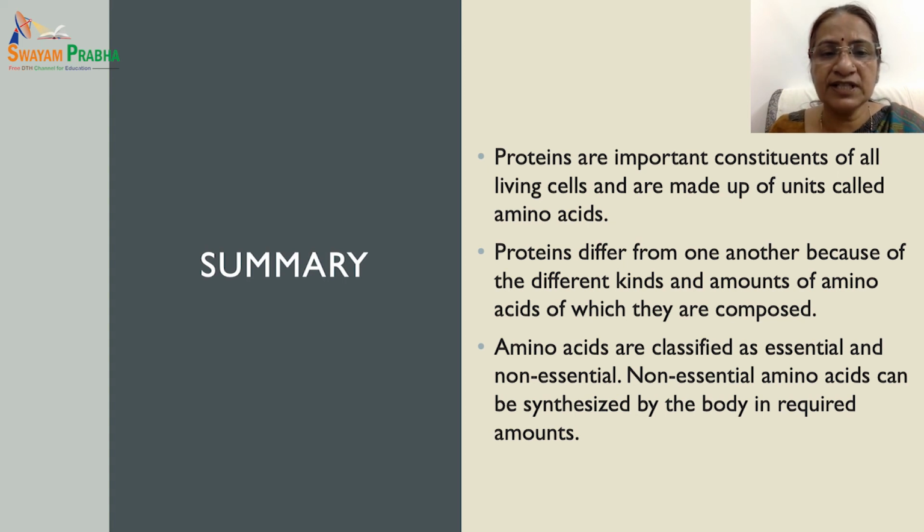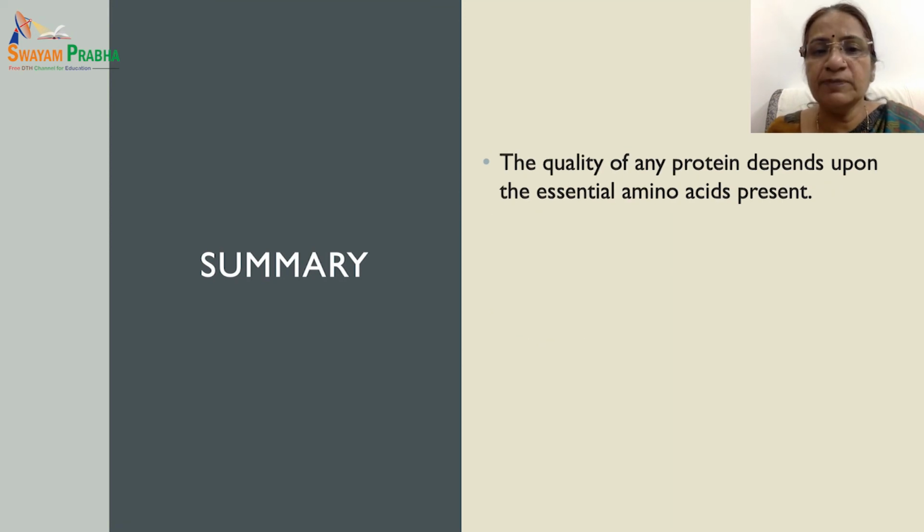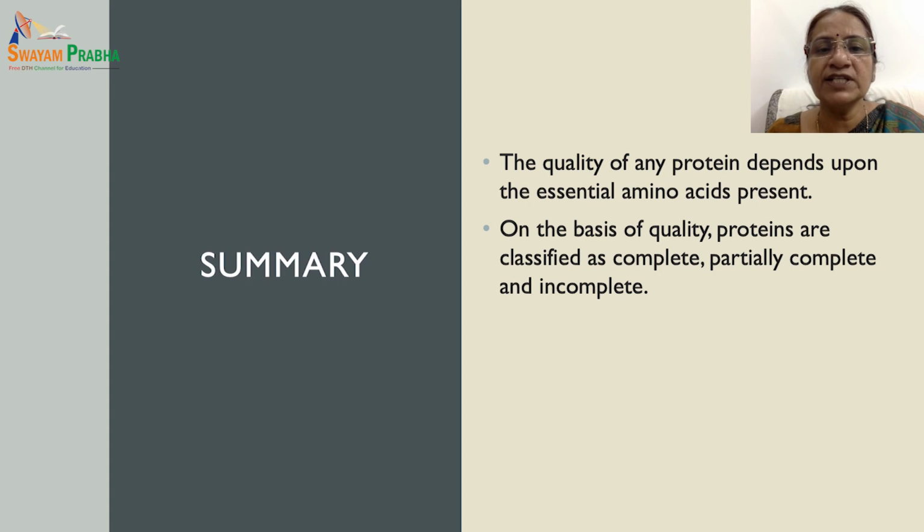Non-essential amino acids can be synthesized by the body in required amounts. Essential amino acids cannot be synthesized by the body and must be included in the diet. The quality of any protein depends upon the essential amino acids present.